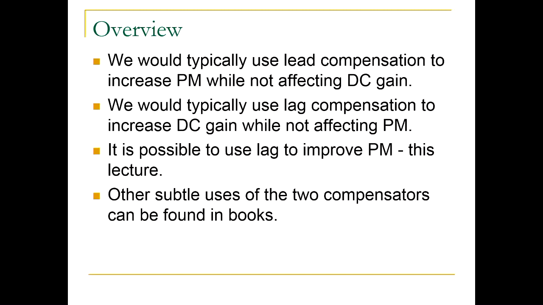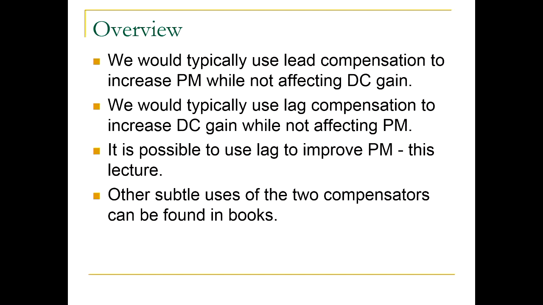So a lag compensator is used in a different way. So we will typically use it to increase DC gain while not affecting phase margin. So you don't want to screw up things too much in terms of phase, but you want to improve steady state errors, right?